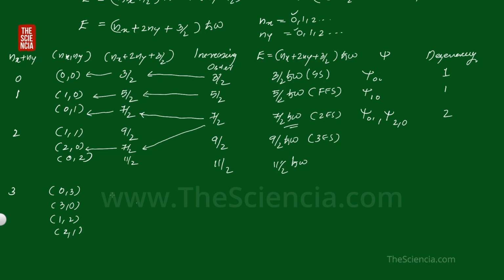And similarly, if you find the values for these terms, you get more terms here, and you can find out the further energy states. Maybe some other state will have this 9 by 2 h cross omega. So this is a work for you. Find out the wave functions corresponding to 9 by 2 h cross omega and find its degeneracy.